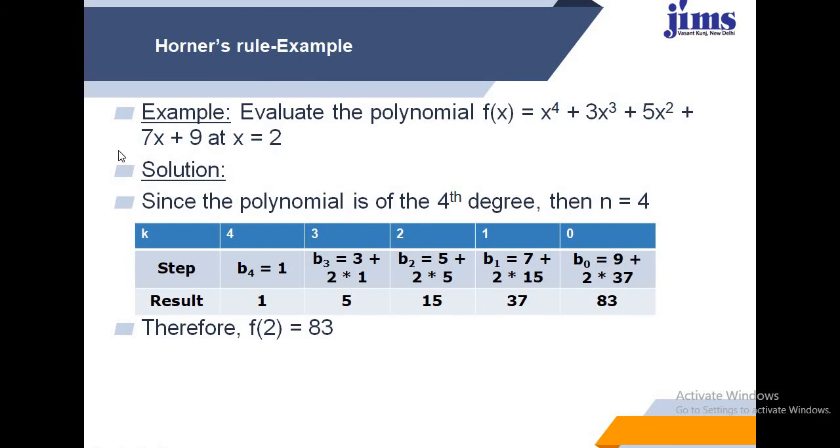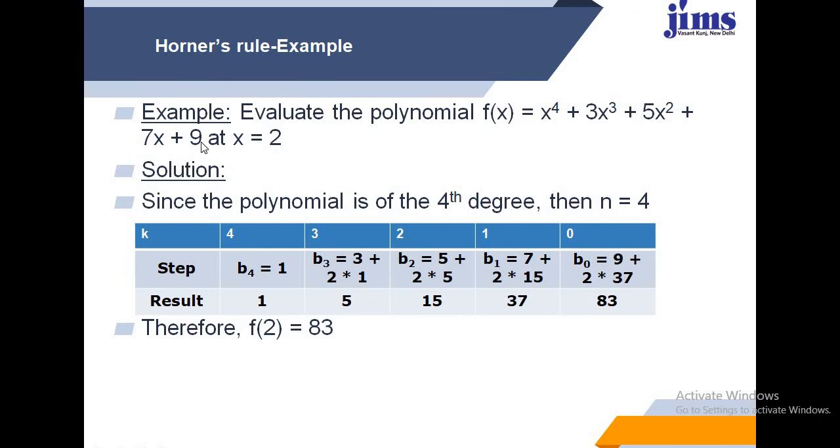The constant value is A0, and the next, 7x, has coefficient A1, then 5x^2 is A2, then A3 and A4. So you note down the values of the A coefficients that are given in your problem.